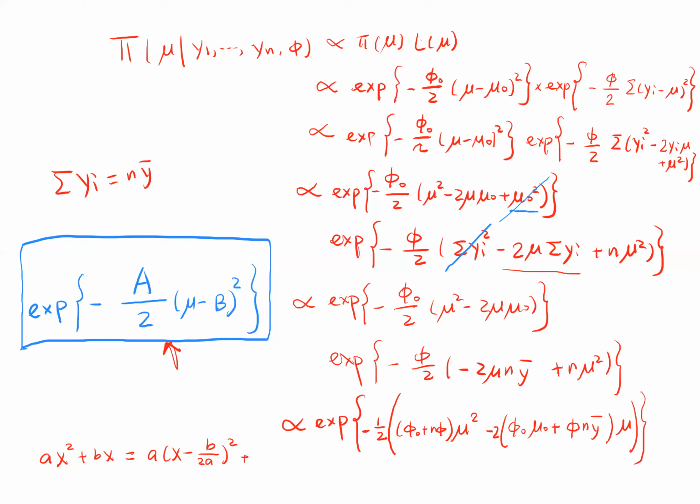The extra term is going to be a constant, because we're working with proportional sums, so you don't even need to worry about that extra term. So this is the general form for you. And the last step will be recognizing the connection of the final form to this thing in the blue box here.